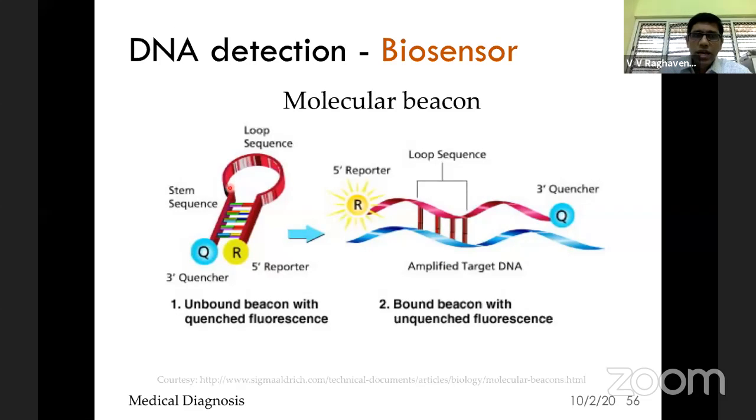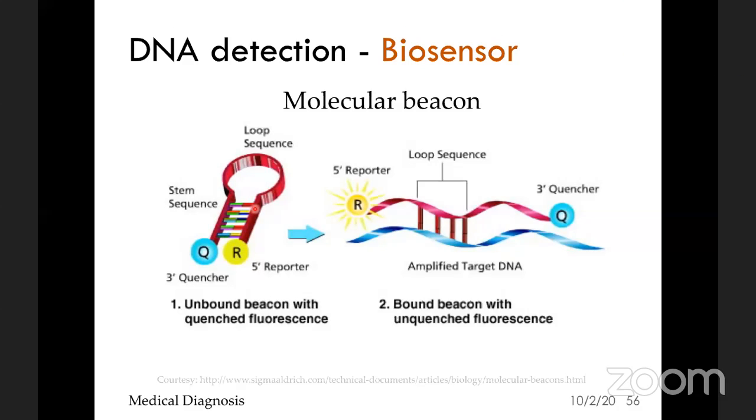What happens is that the loop sequence gets hybridized to the target, and that breaks the stem region. The force is so strong that the hydrogen bonds between the ATGC pairs cease to act.